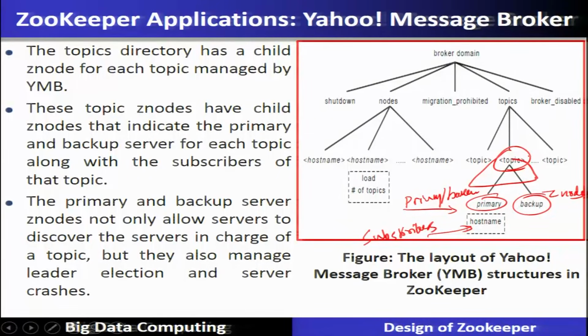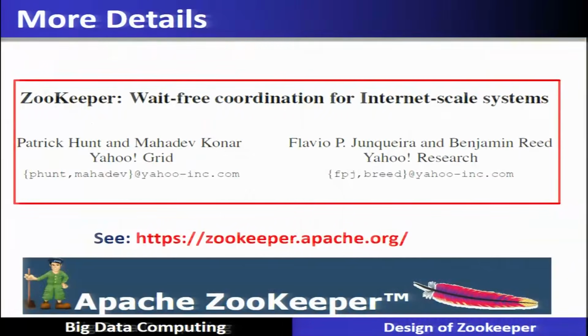Each topic has a child Znode that indicates the primary and the backup servers for each topic along with the subscribers of that topic. The primary and backup server Znodes not only allow the servers to discover the servers in charge of the topic, but also manage the leader election and server crashes.